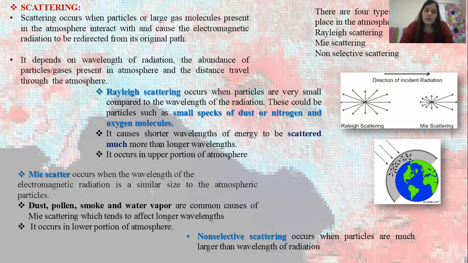It occurs almost in the upper portion of the atmosphere. As soon as the wavelength enters the atmosphere, it will be scattered by Rayleigh scattering. If it has a shorter wavelength, then the scattering will be much more. Further on, we will discuss the other processes. Thank you, students.